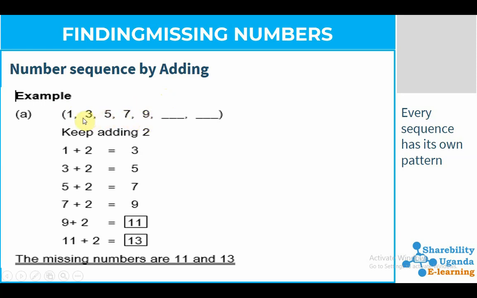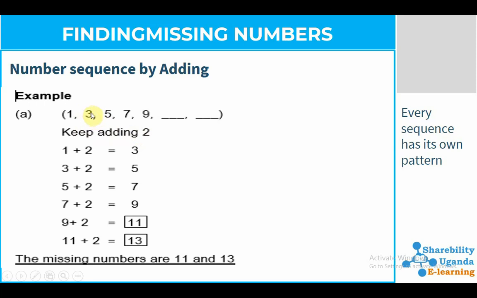So what you first have to look at, from a 1 and a 3, is which number was driven from here, or which number is in between 1 and 3, which logic or which operation was applied for us to get the next number. The same here. So here they are telling you to keep adding 2 to get the next number.